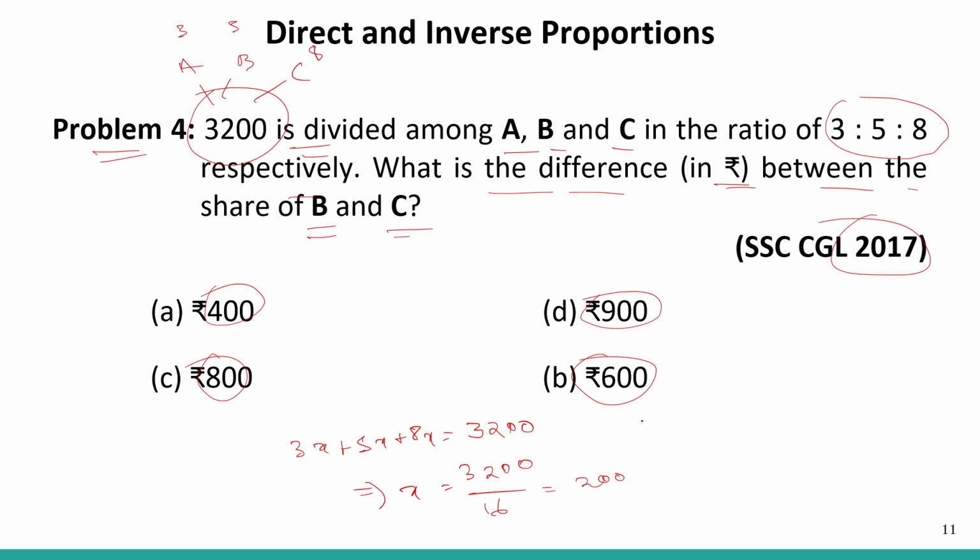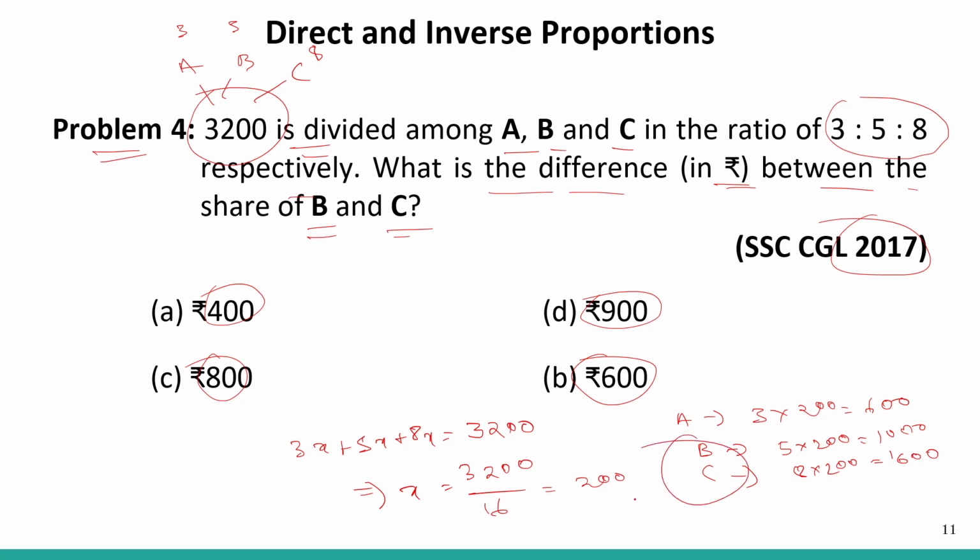So the share for A will be 3 into 200 is equal to 600, and the share of B will be 5 into 200, which is 1000. And the share for C will be 8 into 200, that is equal to 1600.